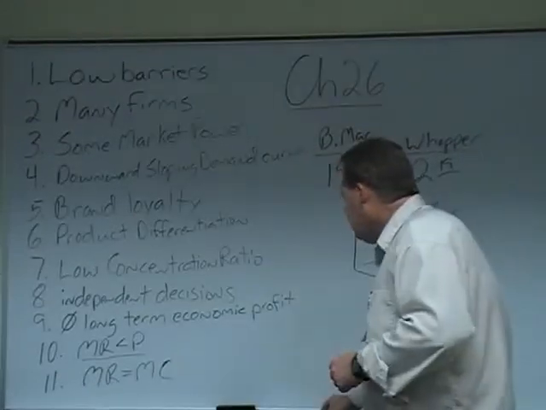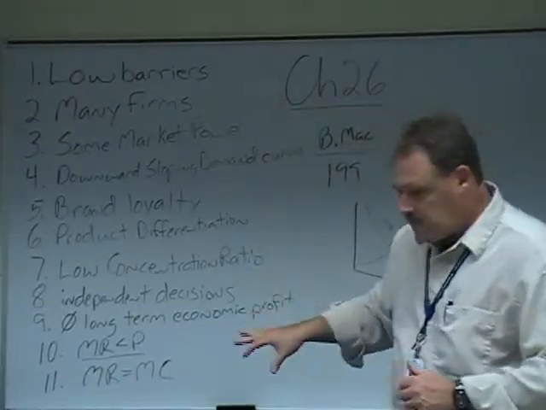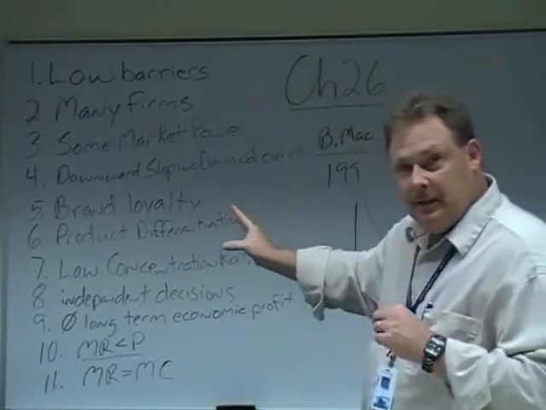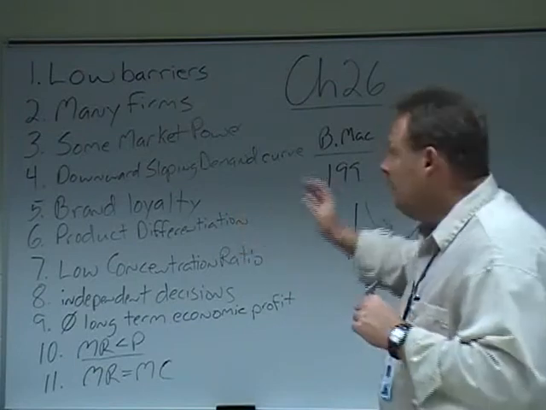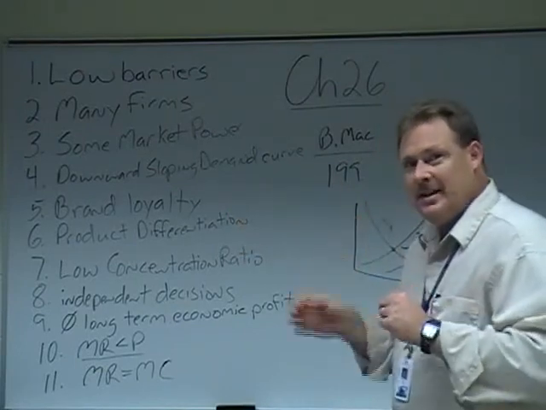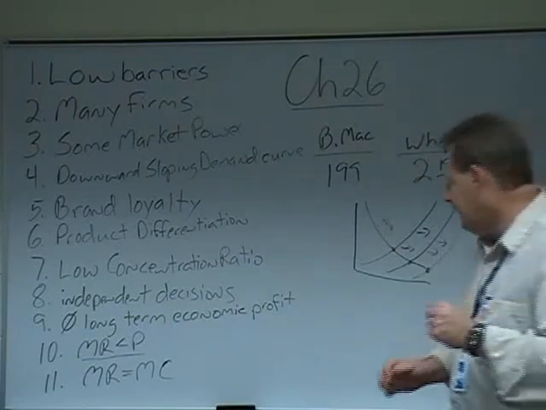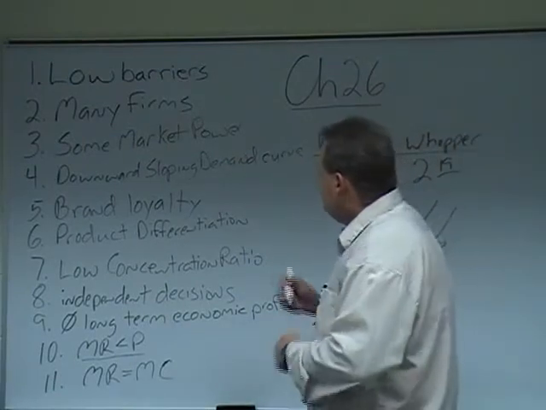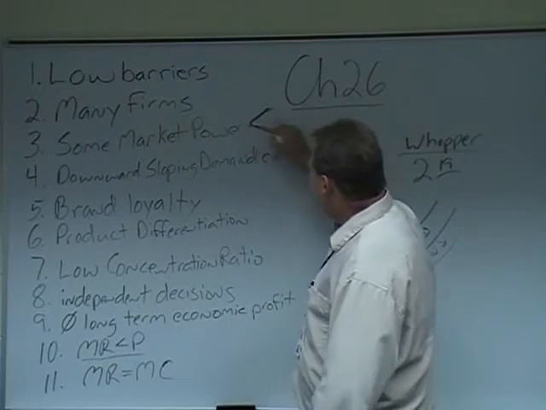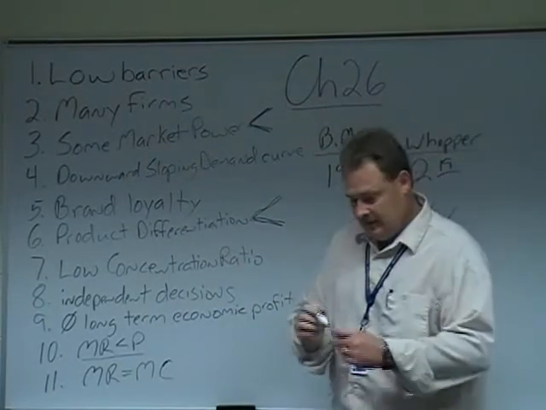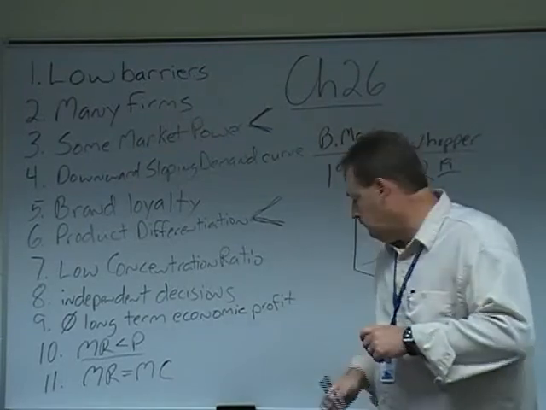Now, a couple of things to note here beyond this. This looks very similar to pure competition. But from a consumer standpoint, it is considered very inefficient. The reason being that they have some market power, which means they do a lot of this product differentiation. And I'll give you a couple of examples.